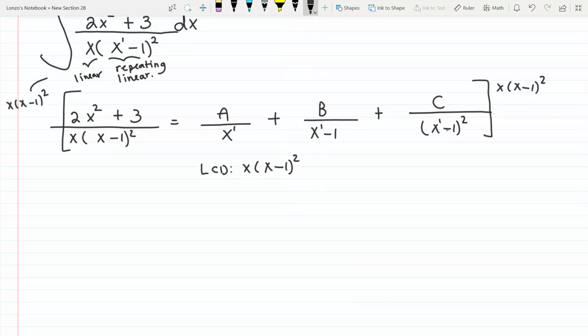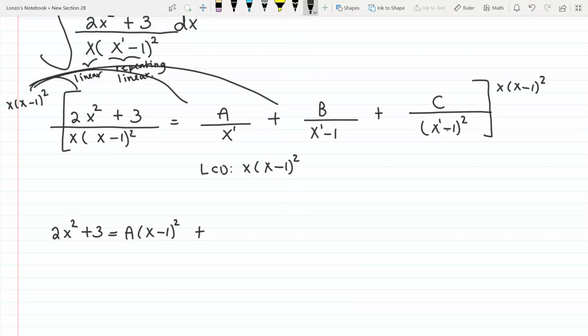Okay, so on the left side, what do you see that cancels everything? So you're just left with the numerator, 2x squared plus 3. Over here, what do you see that cancels the x's? So you're left with A and then (x minus 1) squared. Plus, over here, what do you see that cancels?